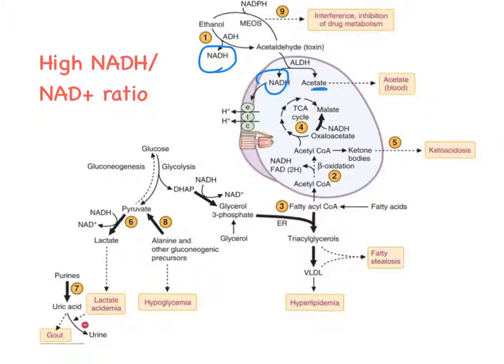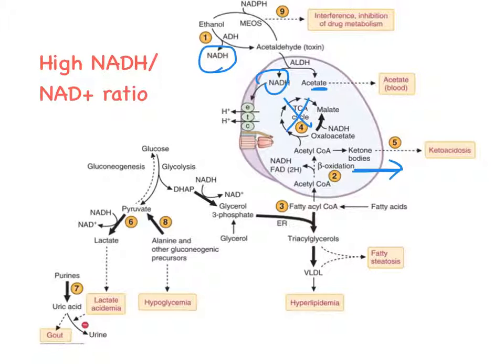Through this ethanol metabolism, we end up with a high NADH to NAD ratio, which slows our citric acid cycle. The acetyl-CoA that we're generating through beta oxidation is producing this pool of acetyl-CoAs. Those then, with the slowing of the citric acid cycle, are going to be diverted into ketone body synthesis.